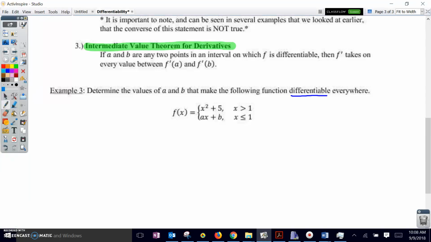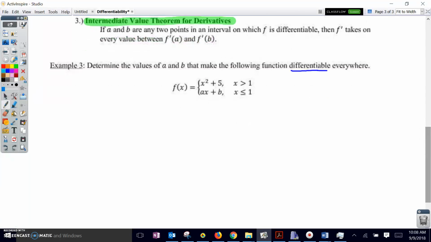And in order for it to be differentiable everywhere, that means that the derivatives must be the same at 1, and also the function must be continuous at x equals 1.